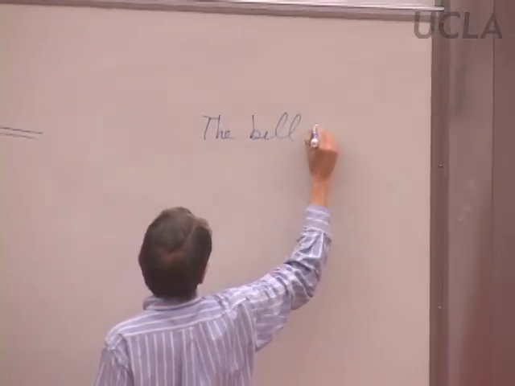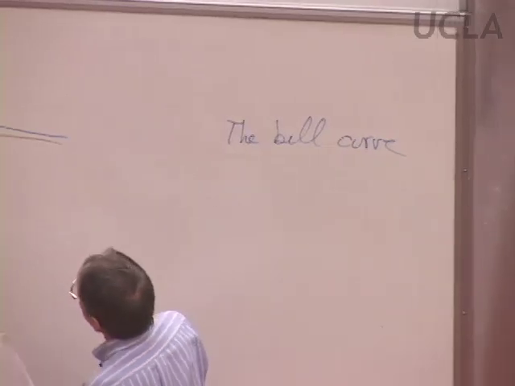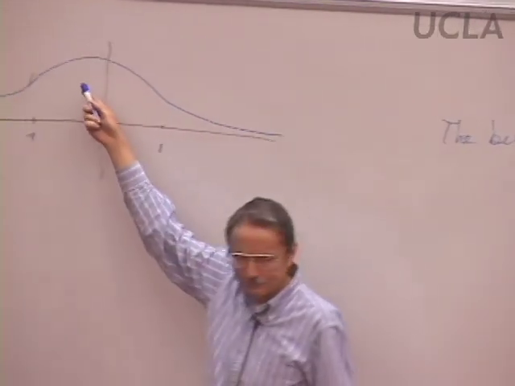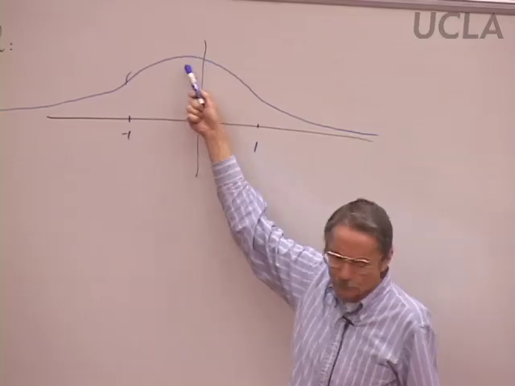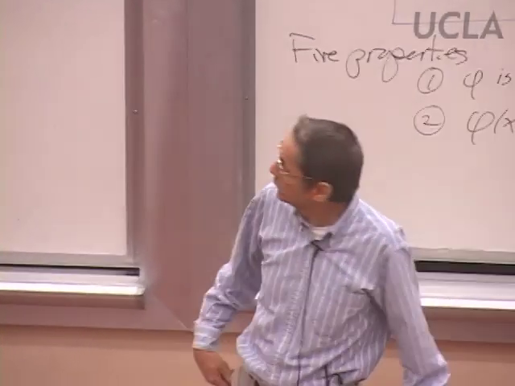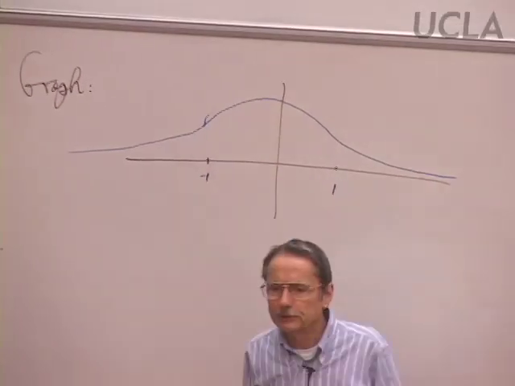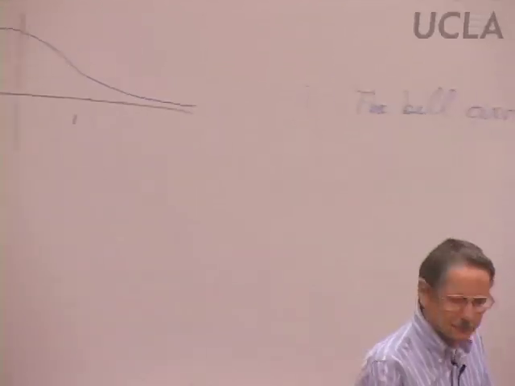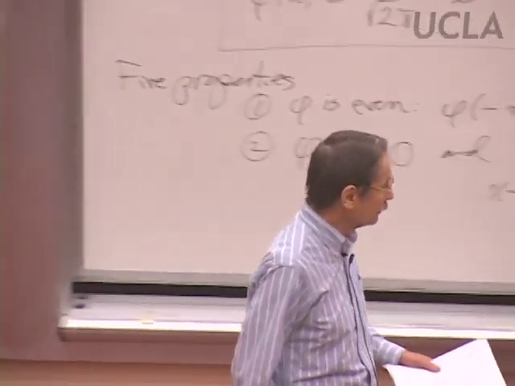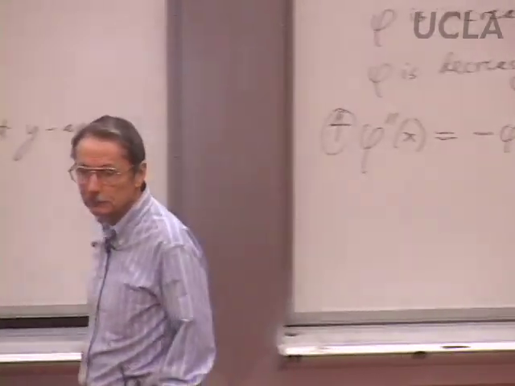Well, it's the famous bell curve. Okay, draw it more accurately. So it's got that maximum at x equals 0. Yeah, okay, the picture isn't perfect, but it's the standard bell curve. But I said 5 properties, and we're only up to 4.